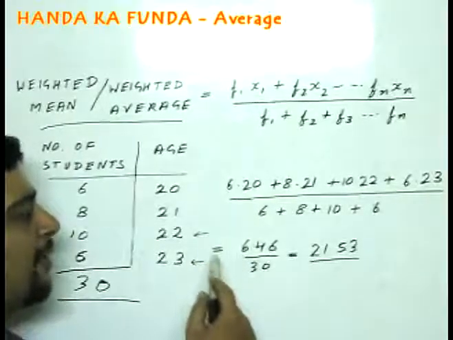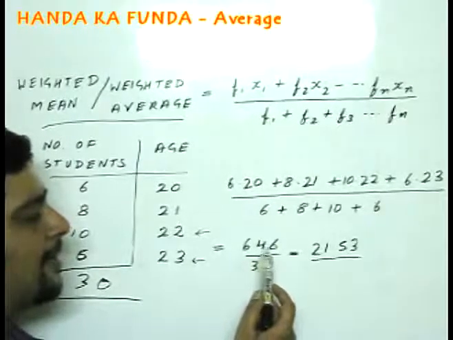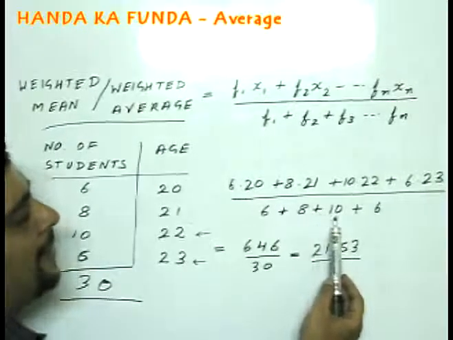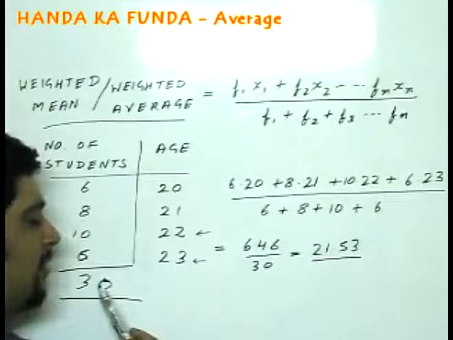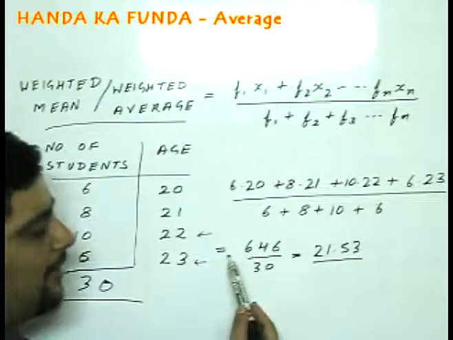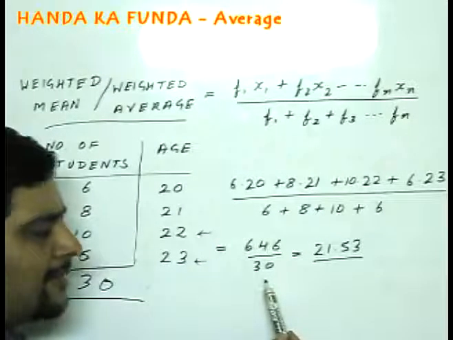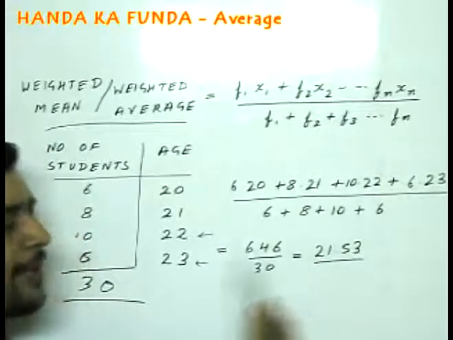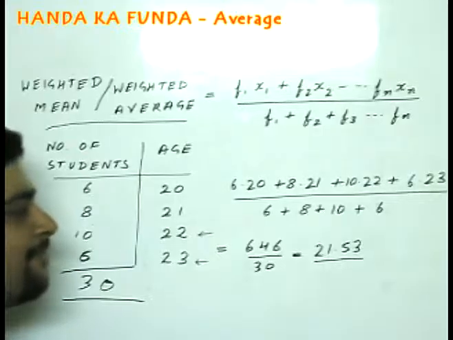So the total number of years would come out as 646. Total number of students will be 6 plus 8, 14 plus 10, 24 plus 6, which is 30, as you can see here. The average age will be the total sum of the years divided by the number of students, which is 30, which comes out as 21.53.